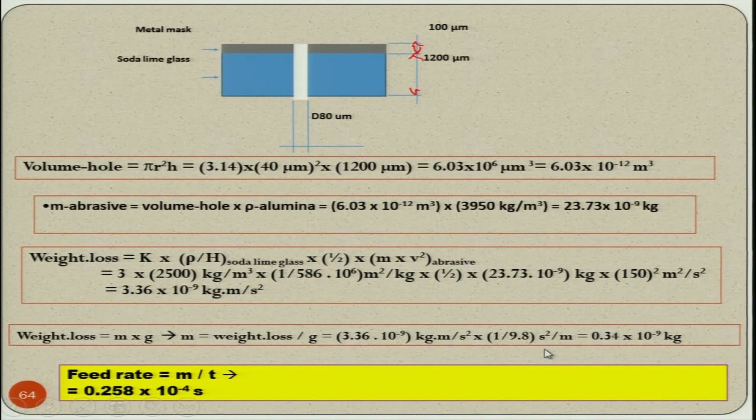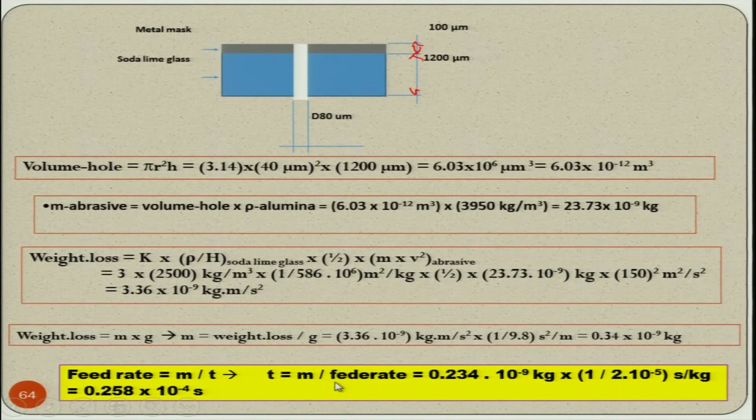Please be very careful about the units of every parameter, otherwise you will not get the correct answer. So, T is equal to mass divided by the abrasive particle feed rate, and you will get the final answer as 0.258 into 10 raised to power minus 4 seconds. So, very quickly you can machine this hole if you follow these parameters as I have just mentioned.